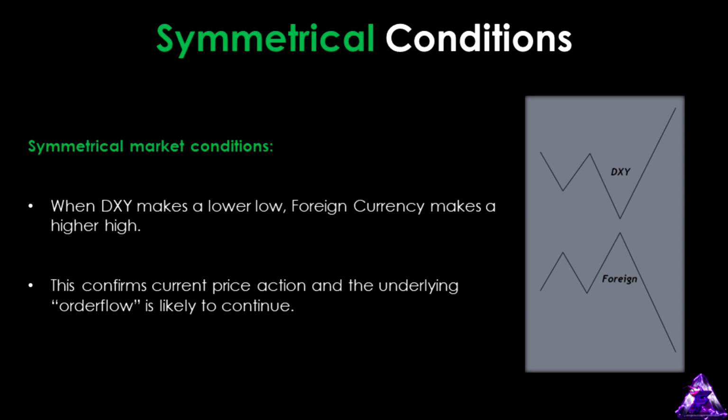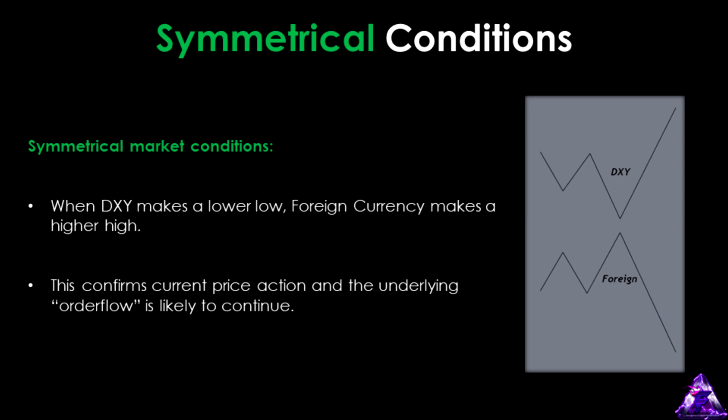Before we dive into this, remember that we'll be using two correlated assets or markets in these examples, not just any random pair. I'll primarily use the euro versus the US dollar and DXY graphics to explain SMT divergences because they are closely correlated, moving in the same structure but inverted.